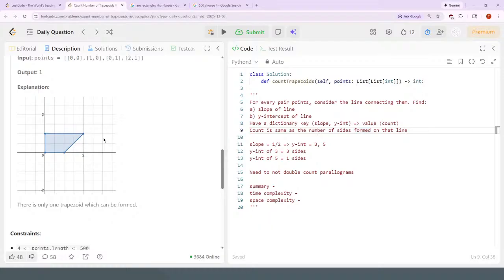If you saw that something is a trapezoid, and you saw that the other pair of sides was parallel, then you only count it if that slope hasn't already been used.